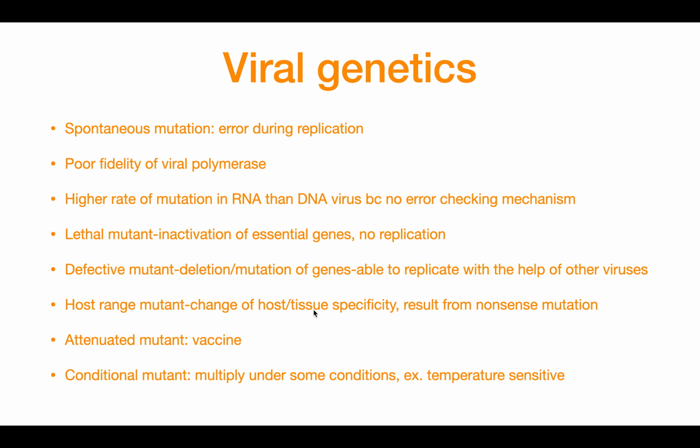But the one mutant that can attack mucosa, that's much easier to get into the bloodstream, so that one would survive. An attenuated mutant is human synthesized and altered, so we use that to make a vaccine.